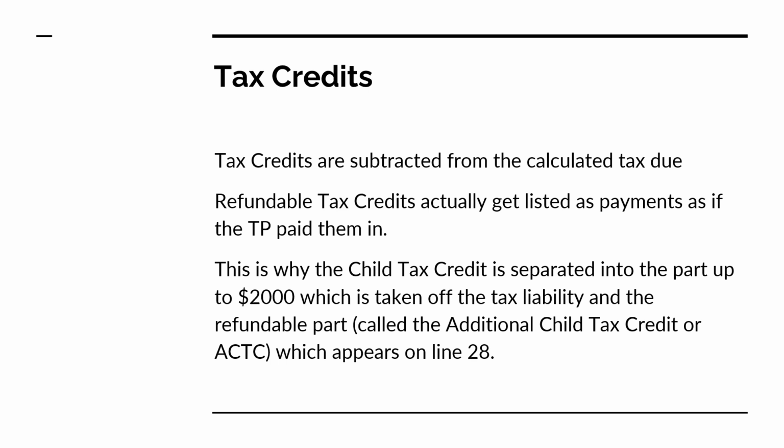Then, if there's part of the child tax credit that is not used in that area, the additional portion, now called the additional child tax credit, will be listed as a payment in the refundable tax credit section below, which will show up then on line 28 of the 1040.